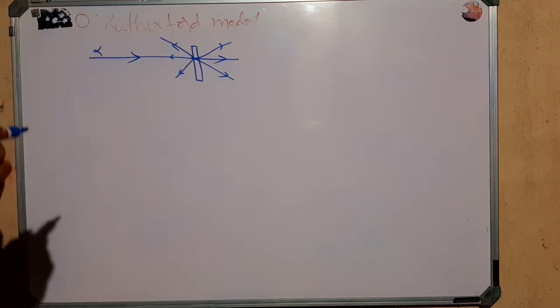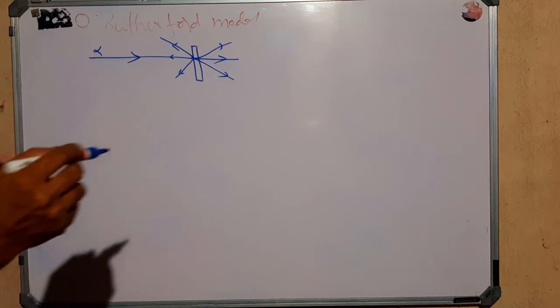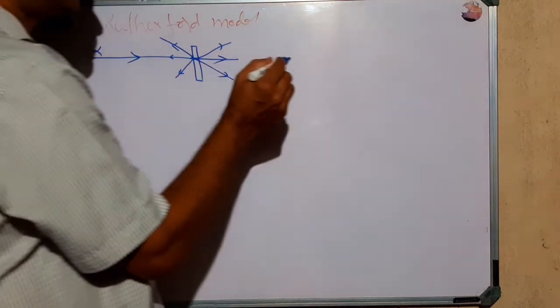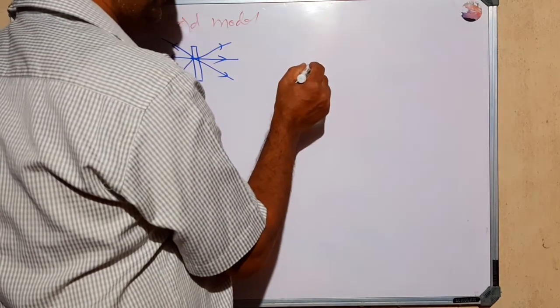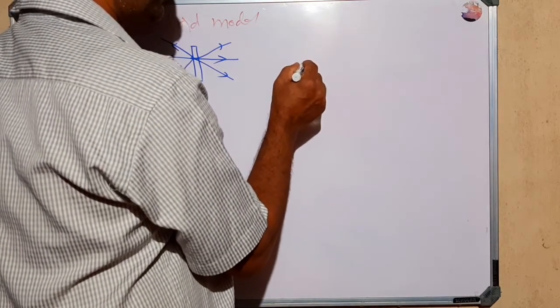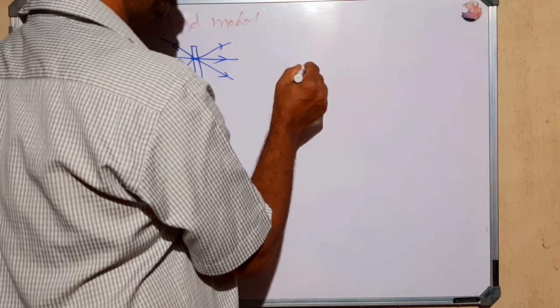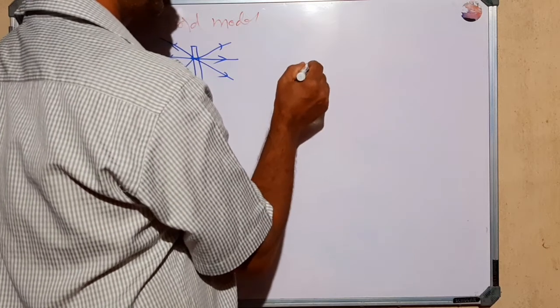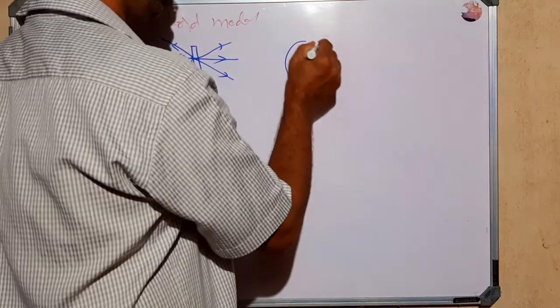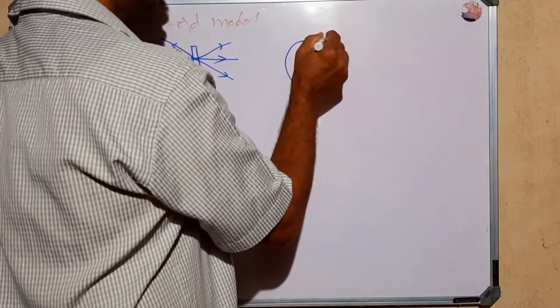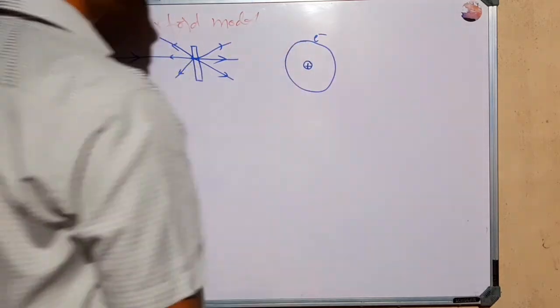To explain this, Rutherford proposed the model according to which an atom consists of a central positively charged nucleus around which electrons are revolving in circular orbits.